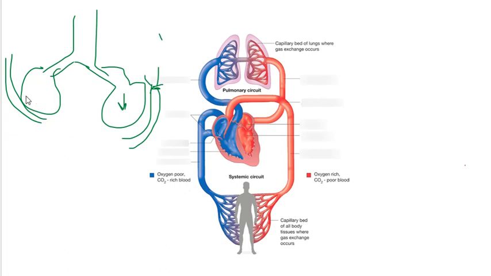This is a normally oxygenated alveolus, and the blood will end up going to this one instead of this one over here.